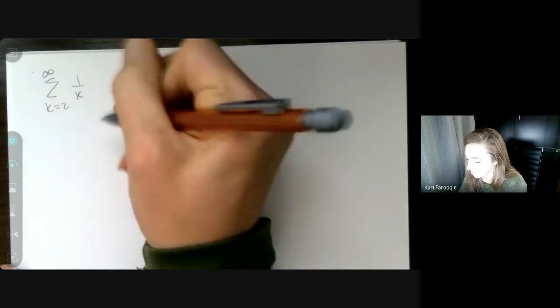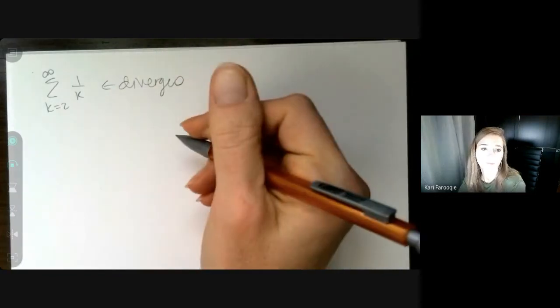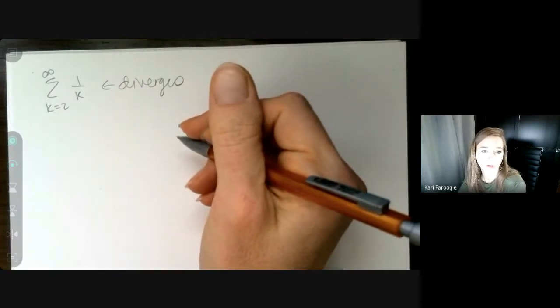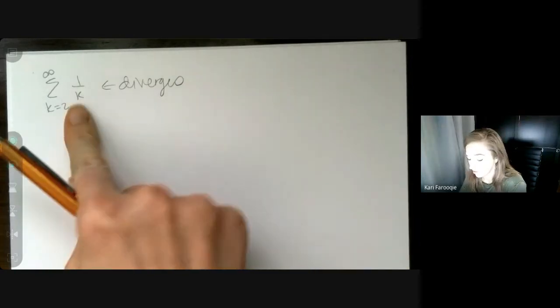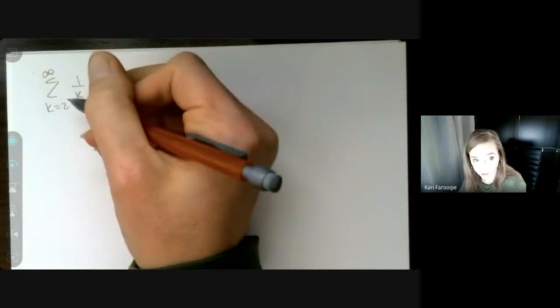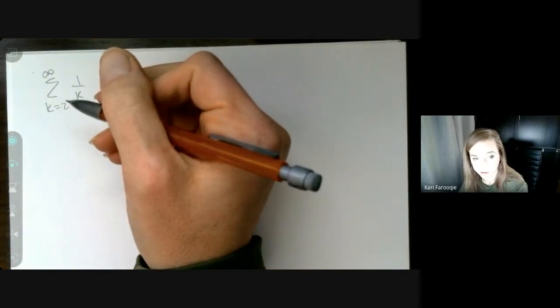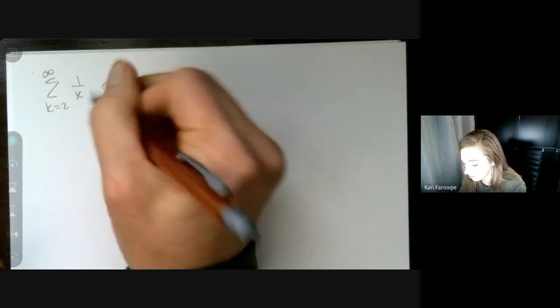All right. So you are trying to show, okay, so you know that this diverges. Choose a series to which the comparison test can be applied when you're comparing it to this one. So this is the one that you know diverges. So you're trying to find a series in this list that is greater than the one that you know diverges.